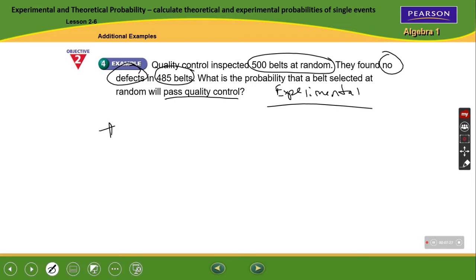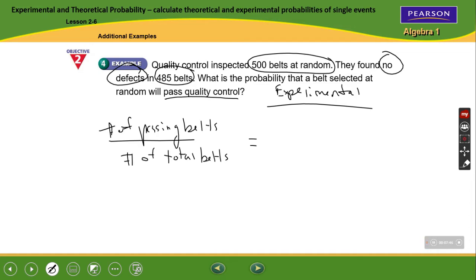So the number of passing belts divided by the number of total belts is going to be our probability. The number of passing belts is 485, and the number of total belts is 500.